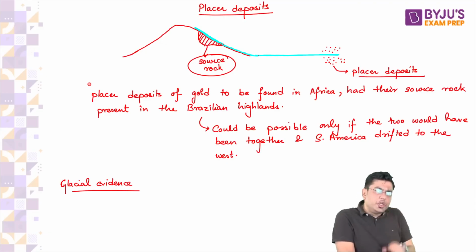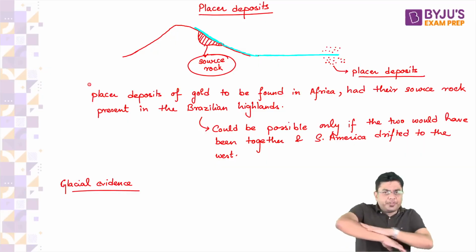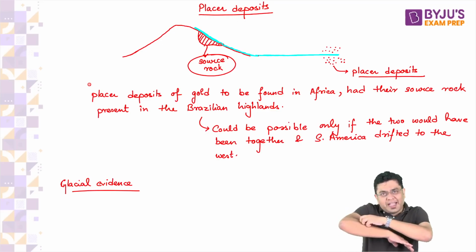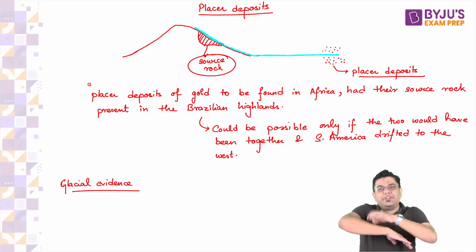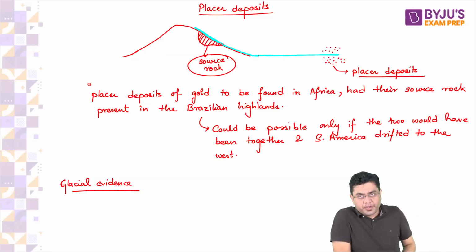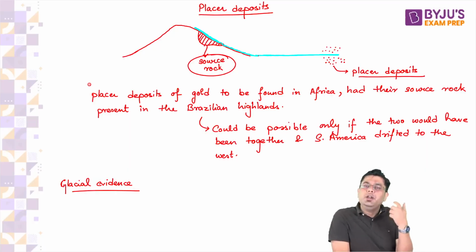Now when a glacier moves, let's suppose this is the rock surface and the glacier is moving on top of that. Not only will it be able to scratch the surface, it will carry small particles, and those particles will also get deposited. Now, those fine particles deposited by glaciers, they are referred to as till or glacial tillite.